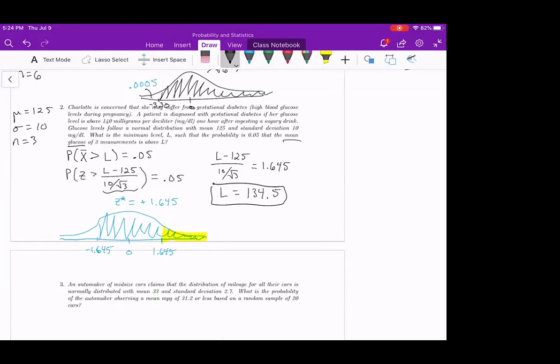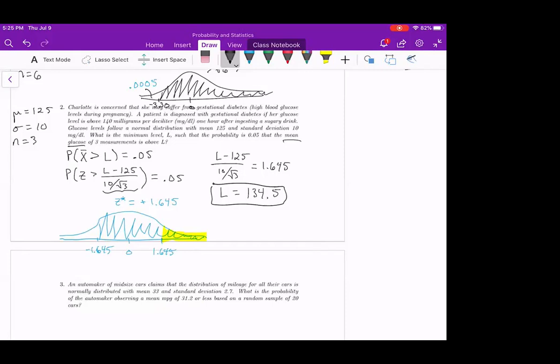Make sure that you're actually able to get that, that you're manipulating correctly. You should multiply 10 over root 3 onto the right, then add 125. And so your final answer should be larger than 125. Anyone not getting it?